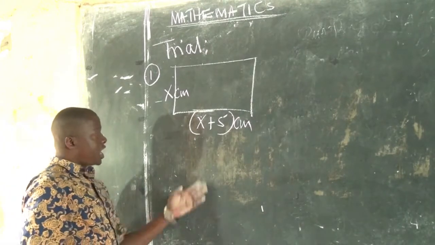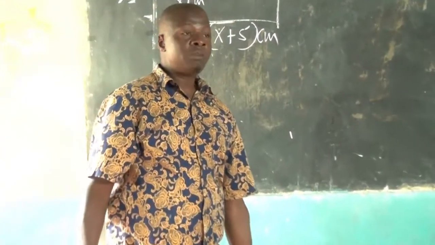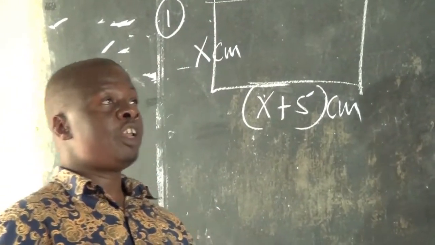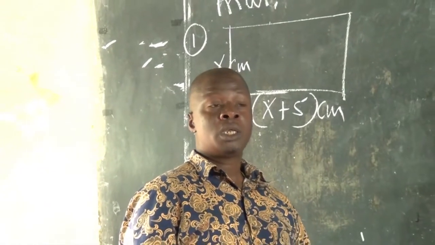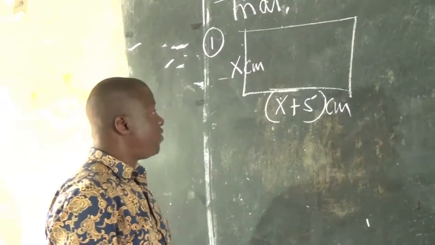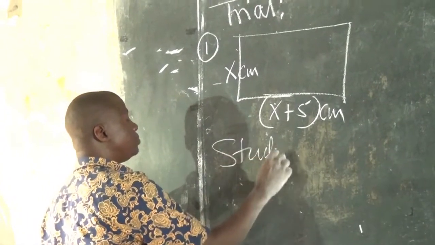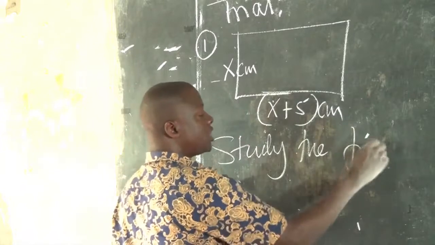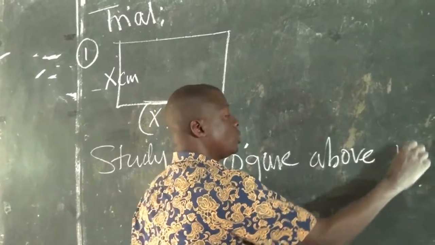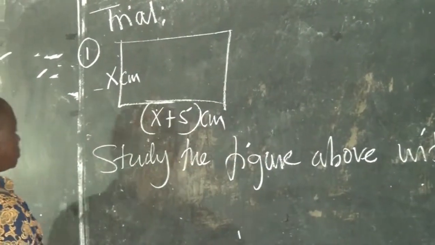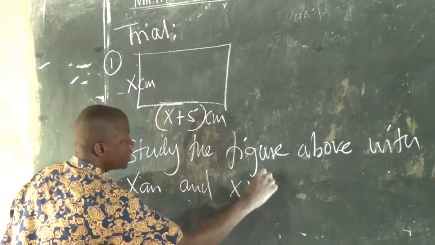If its area is 14 centimeters squared, find the value of x, hence find its perimeter.